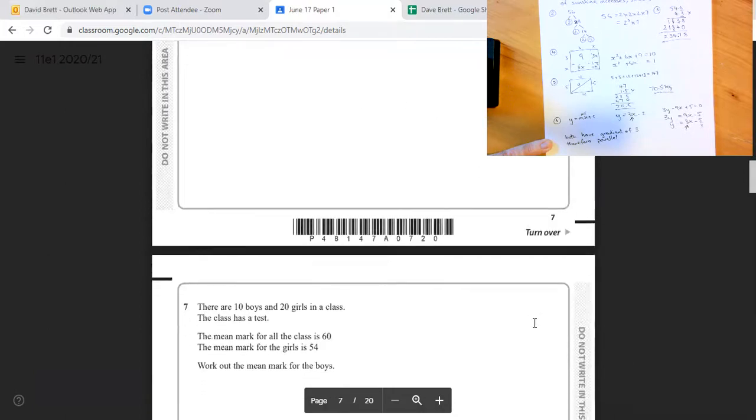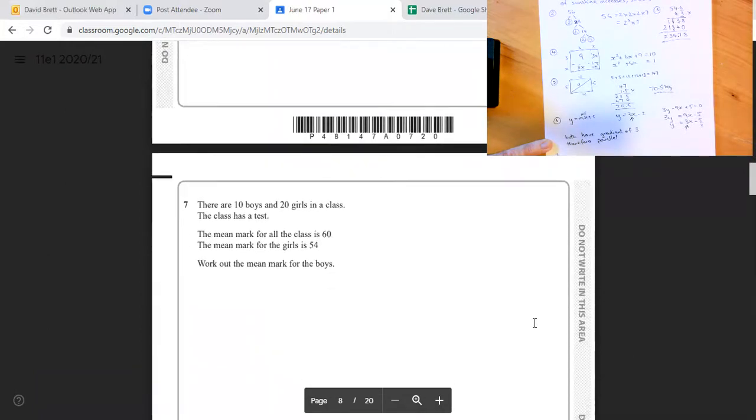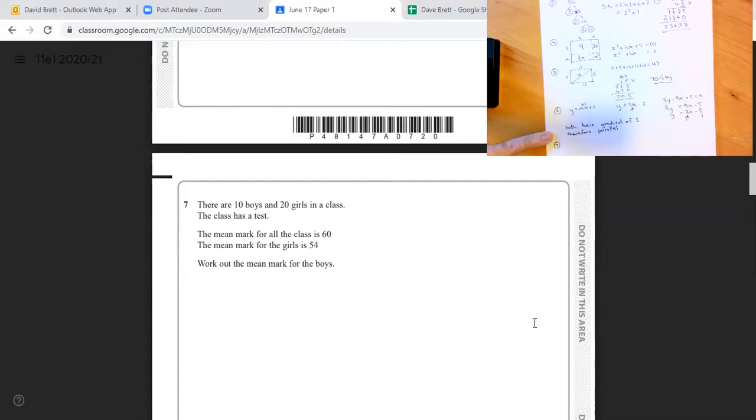Question number 7. There are 10 boys and 20 girls. We have our means: boys, girls, total. Number of boys is 10, number of girls is 20, so the total number is 30.